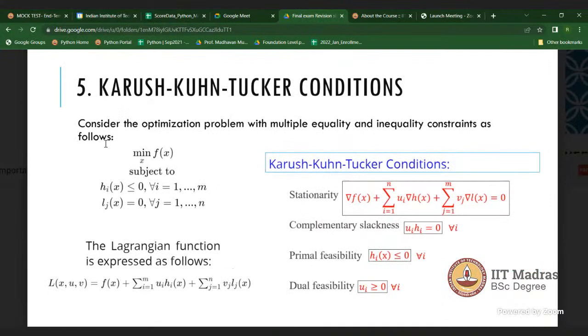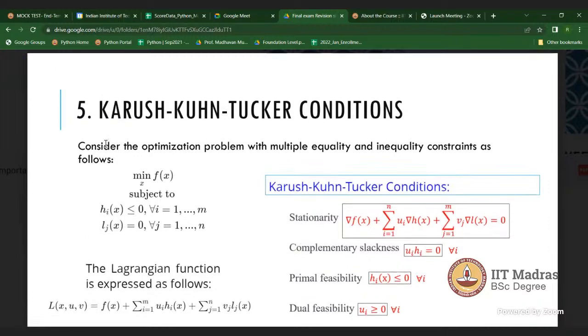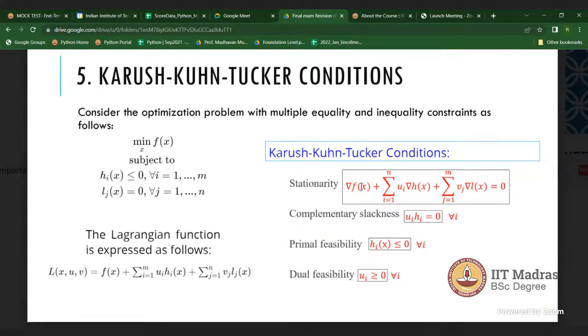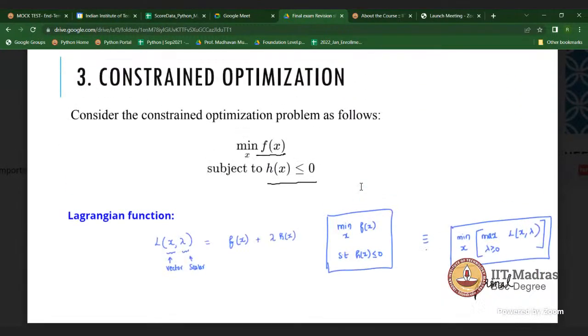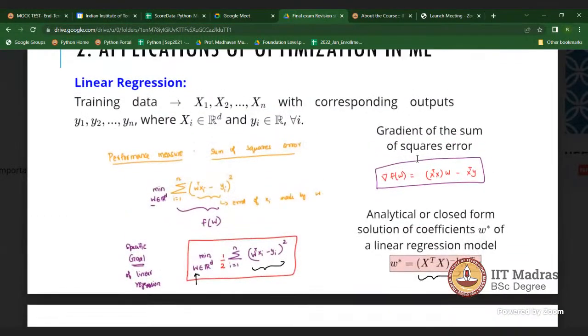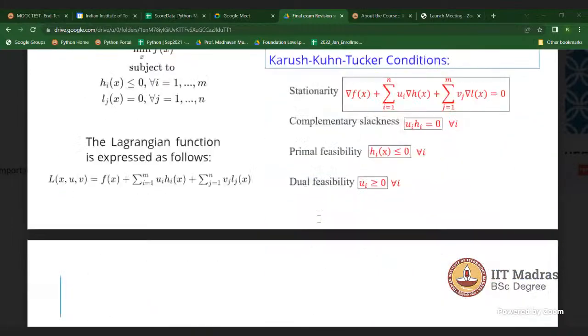After this, we have the KKT conditions. The KKT conditions say that we have a generalized solution for the gradient of f(x).